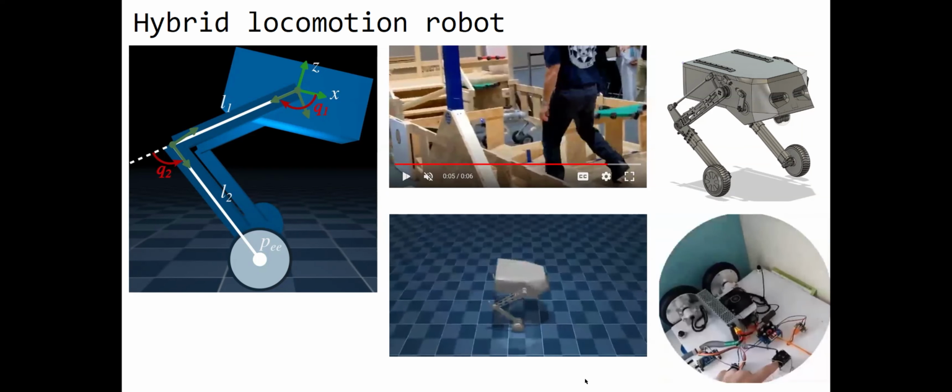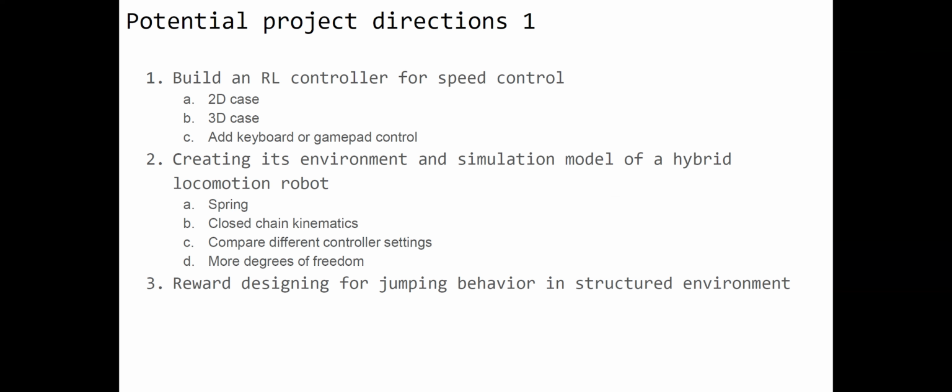So the project consists of three parts. The first part is to set up a reinforcement learning, RL for short, regulator for controlling the robot by speed. First is a planar case, where you can look at only one wheel, which moves in a plane. Second is a bit harder, in the three-dimensional world, when we have the entire robot with two wheels.